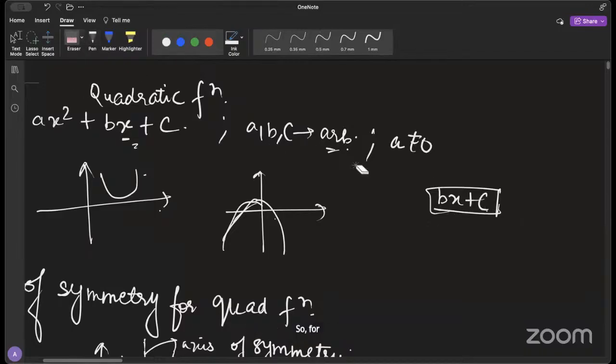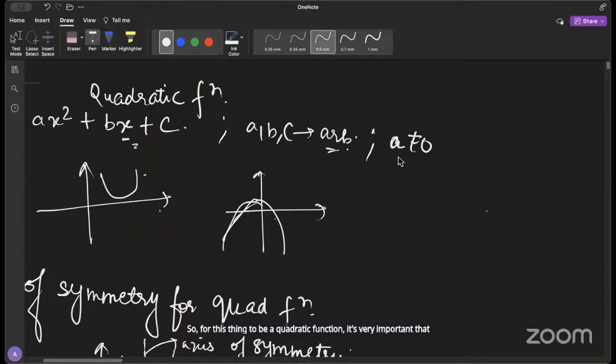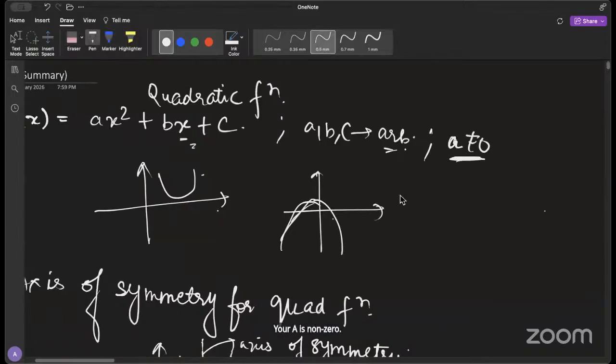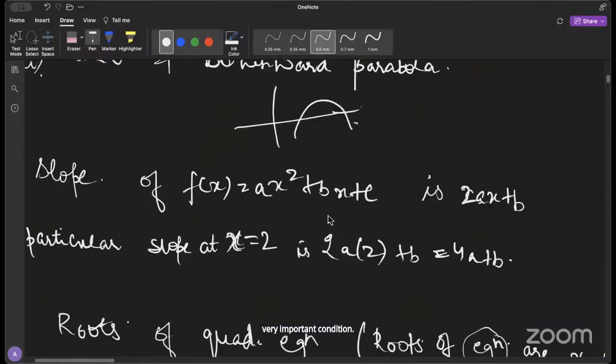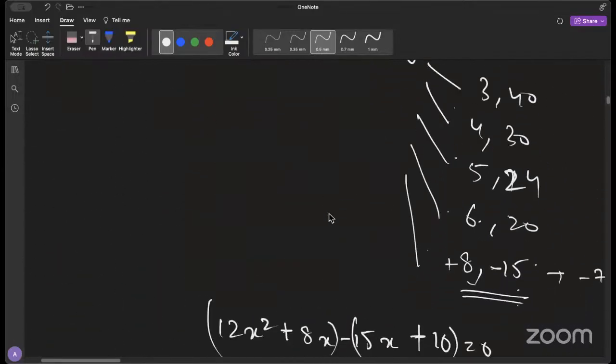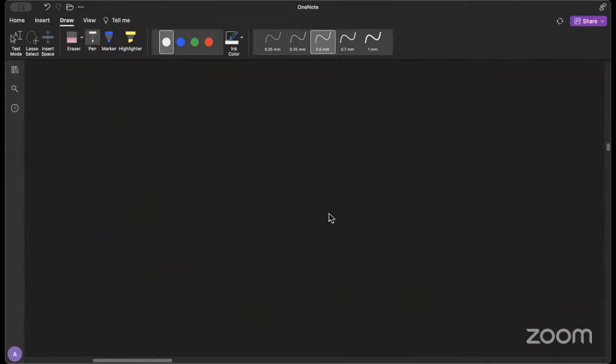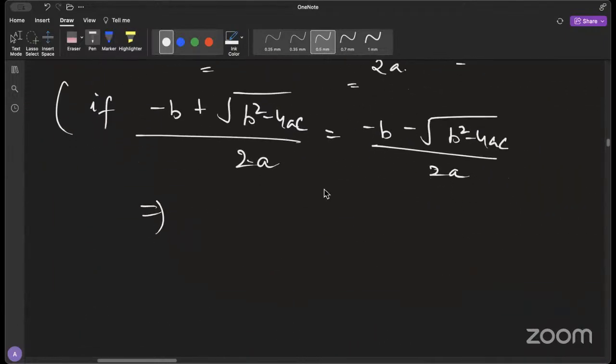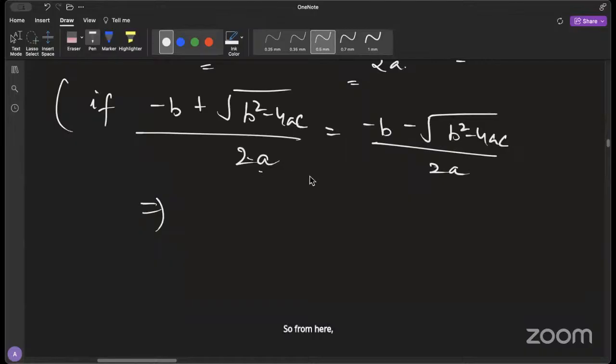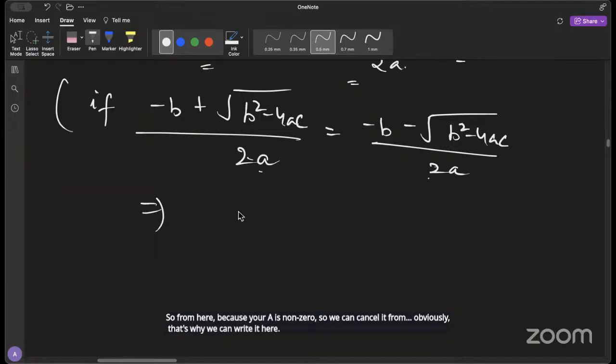So for this to be a quadratic function, it's very important that your a is non-zero. Very important condition. So because your a is non-zero, we can cancel it, and that's why we can write it here in the first place.